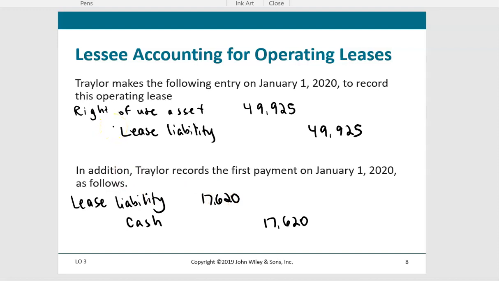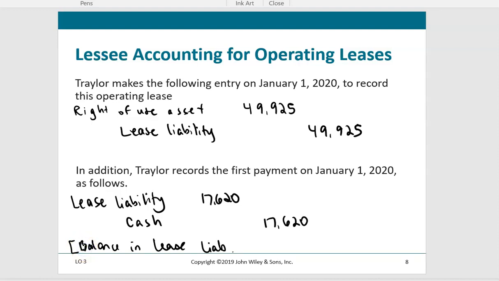Now, after the lease is recorded and then the payment is made, what is the balance in the lease liability? Remember that even in an operating lease, we're still measuring the interest. We're not reporting interest expense on the income statement. You're probably wondering what we're going to do with it, and we'll see that in the next slide.